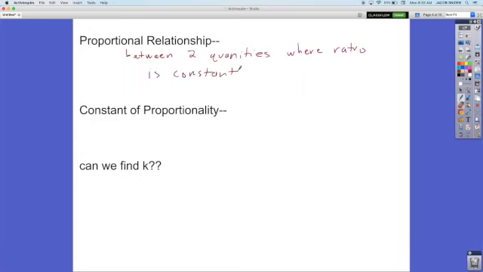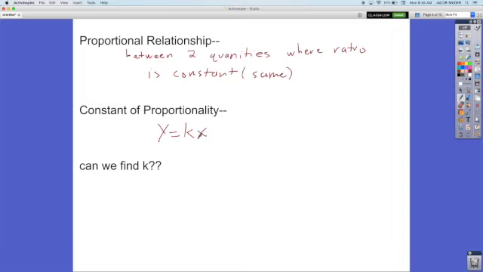Another word for constant is just the same. And the constant of proportionality is just this equation. Write this for me: y equals k times x.